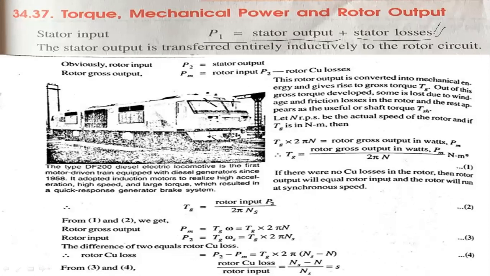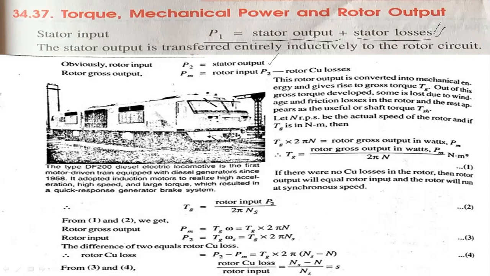The stator output is now transferred entirely, inductively, to the rotor circuit. That means the magnetic flux is cut by the rotor circuit and the total output is transferred entirely to the rotor. So the rotor input is nothing but the stator output.